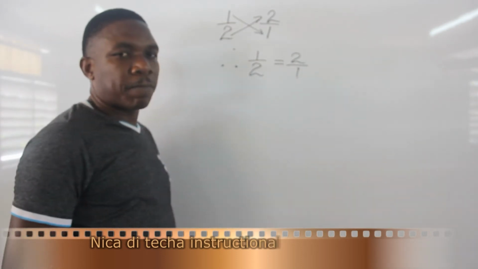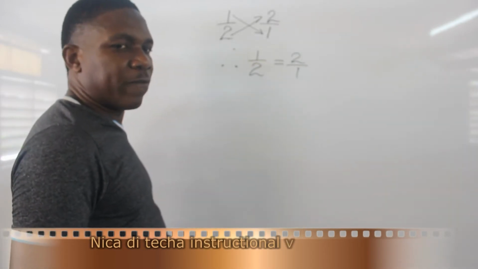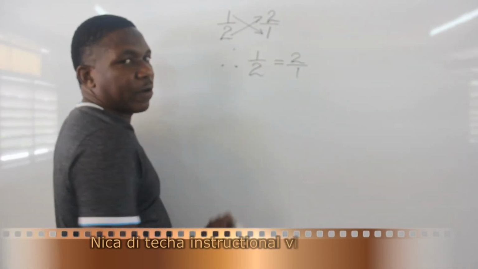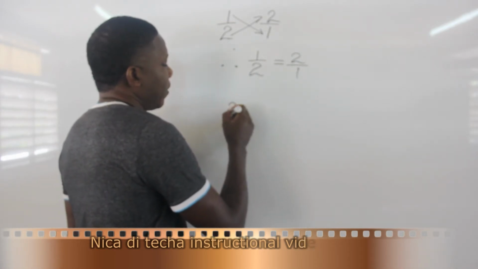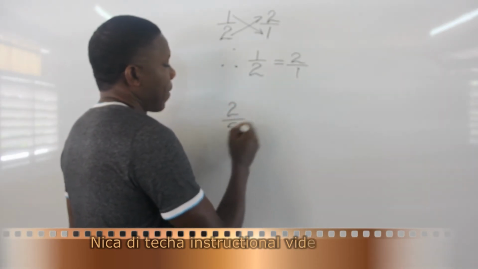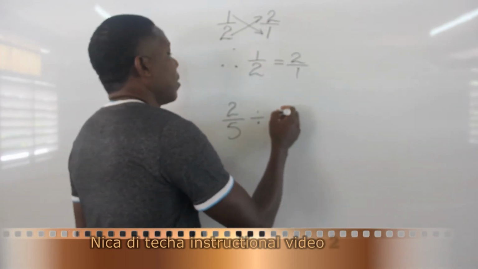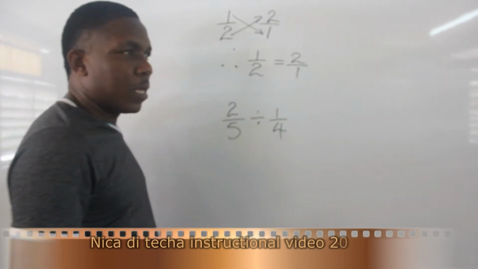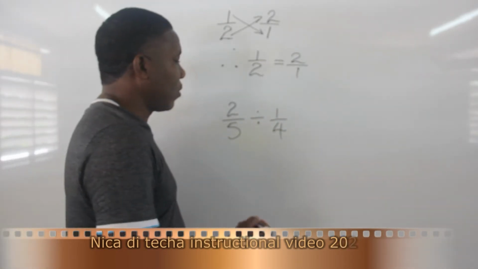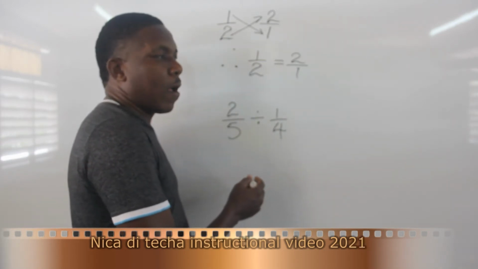Alright? After we find our reciprocal, then as we said before, if we're given a pair of fractions to divide, so if we're given 2/5 divided by 1/4, then we know that the first thing we'll need to do is find the reciprocal of our divisor.